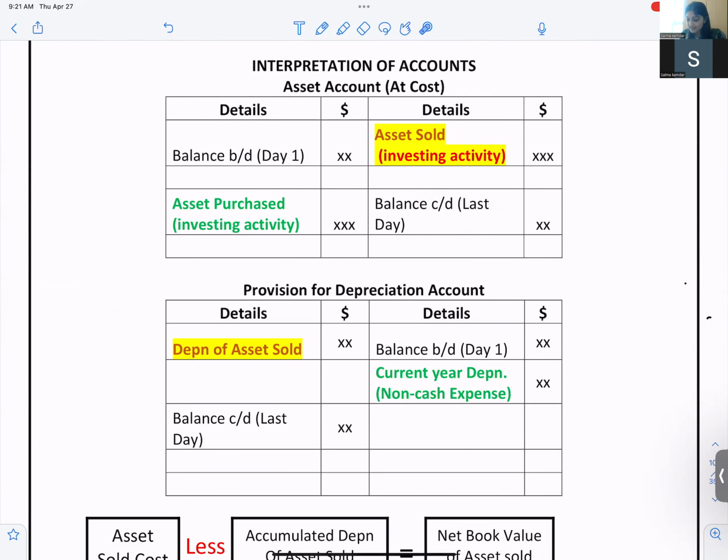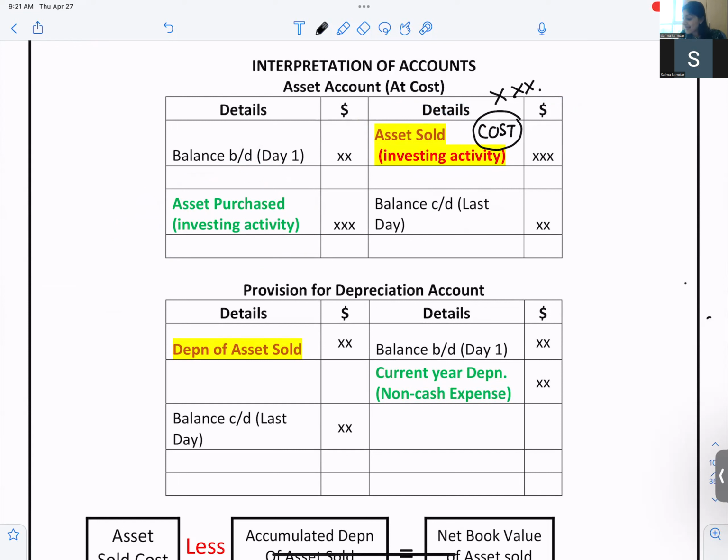If you have anything on the debit side, that means you have purchased an asset, and purchasing an asset is an investing activity. If you have anything on the credit side, that means you have sold an asset, but over here in the asset account, this is recorded at cost. And the cost of assets sold you will never take into consideration.